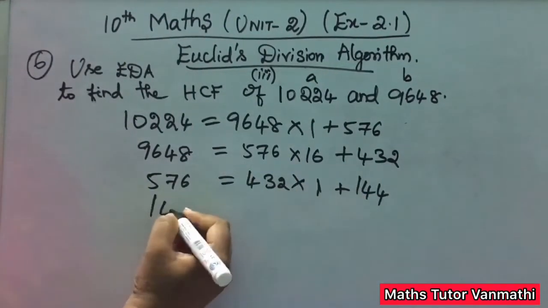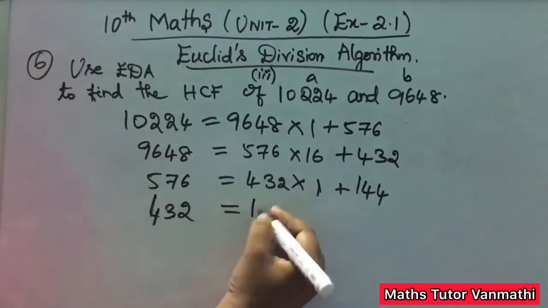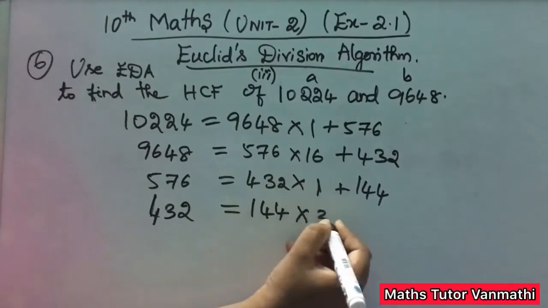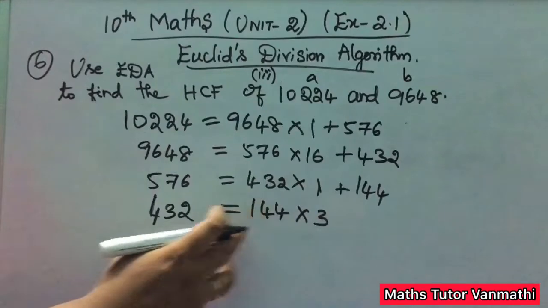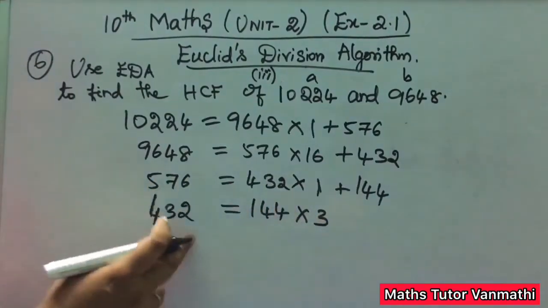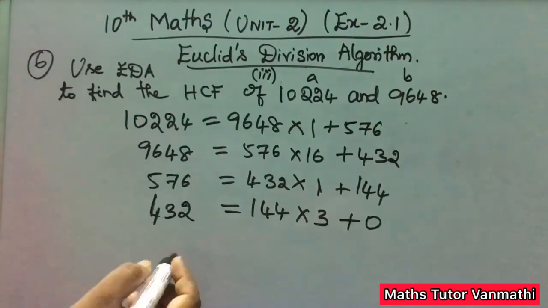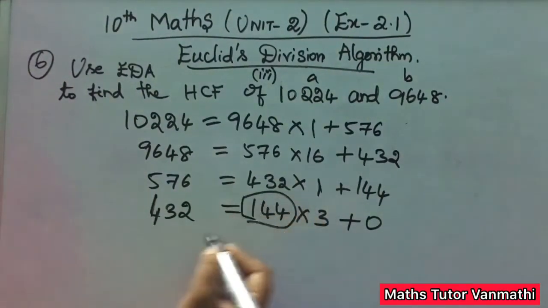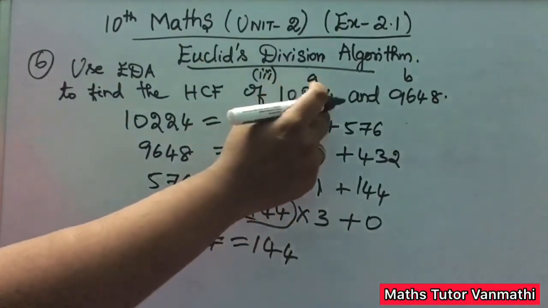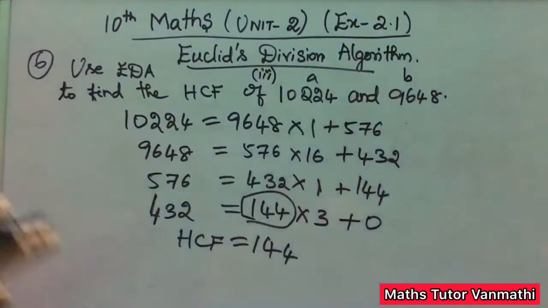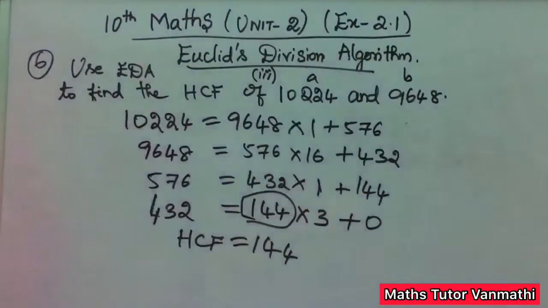And again, 432 equal to 144 into 3. 3 fours are 12, carry 1. 3 fours are 12 plus 1 is 13. 3 ones are 3, plus 1 is 4. 432. Then you will get the remainder as 0. So this 144 is your highest common factor of 10,224 and 9,648.